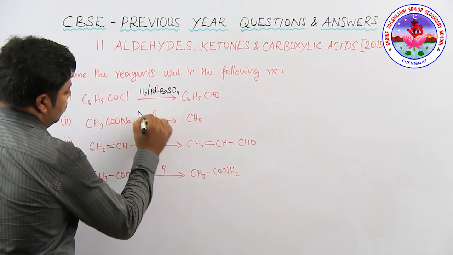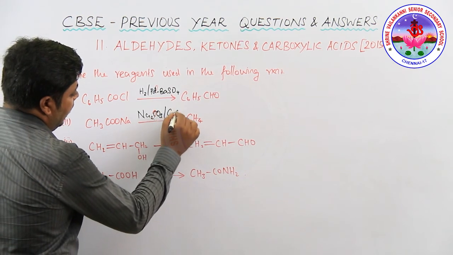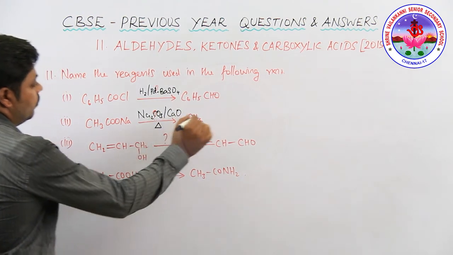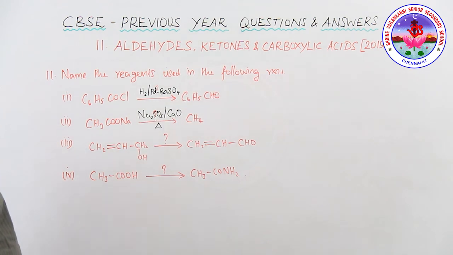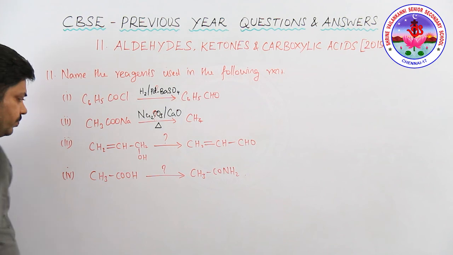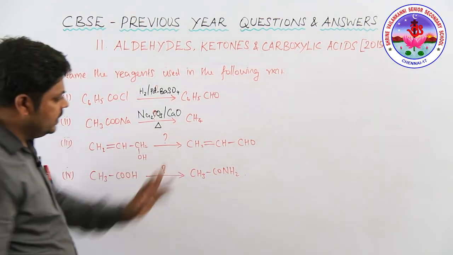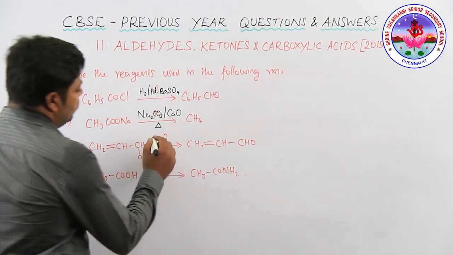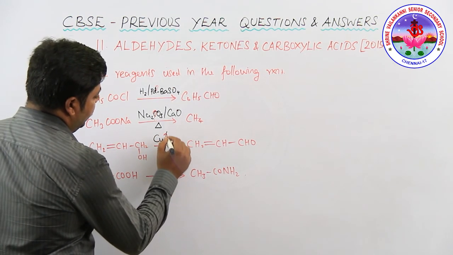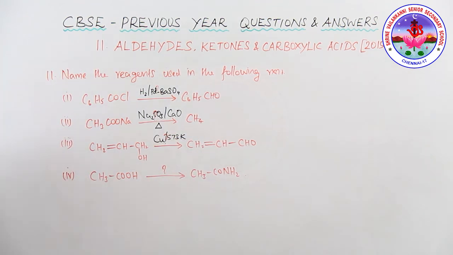You have to use the reagent soda lime, Na2CO3 and calcium oxide, on heating. You will get CH4. Then CH2=CH-CH2OH gives CH2=CH-CHO. Here the reagent used is copper at 573 Kelvin temperature.